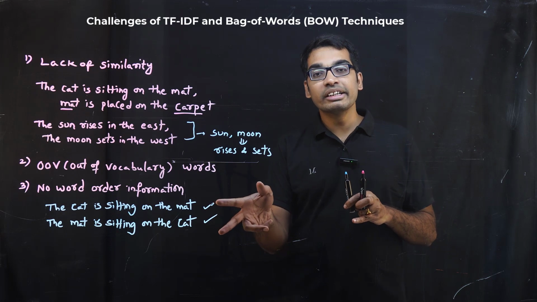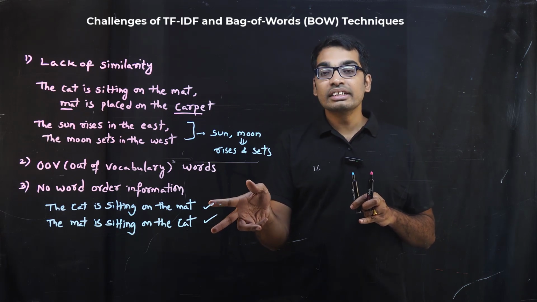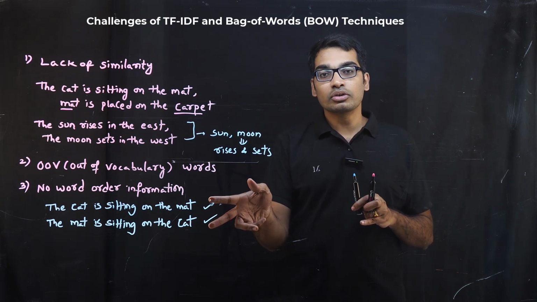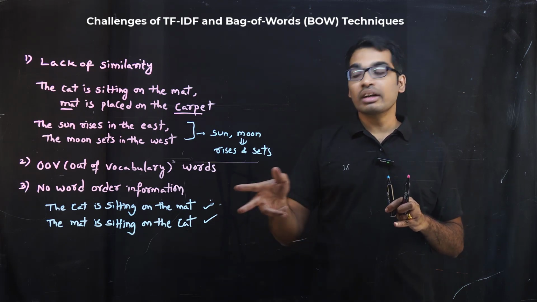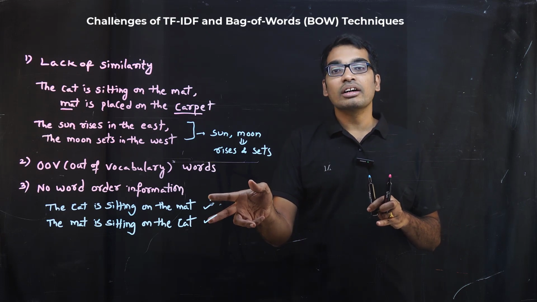The two examples are completely different, so we need to handle these kinds of variations in sentences also. However, whatever methods we have learned so far, we were unable to handle this. So that is the third challenge.